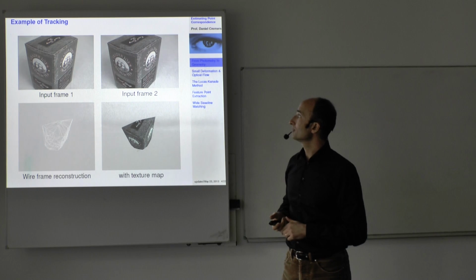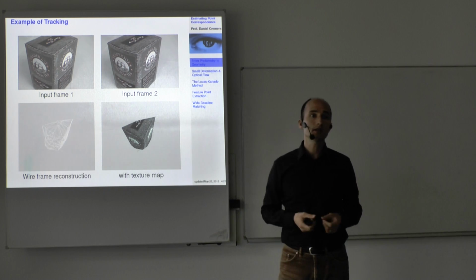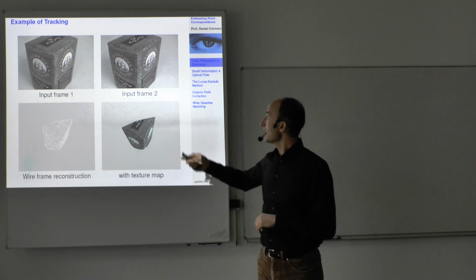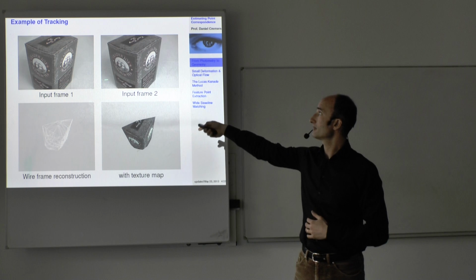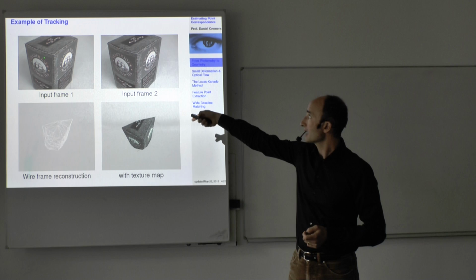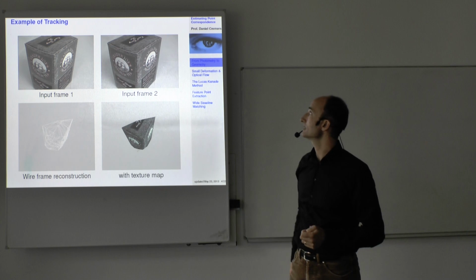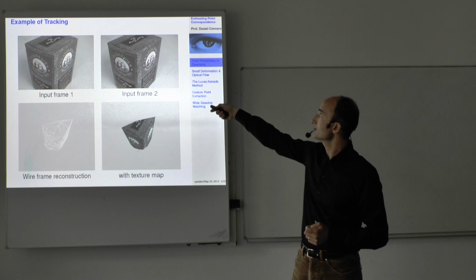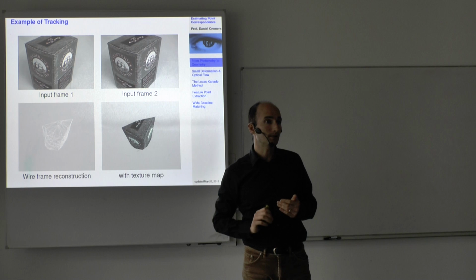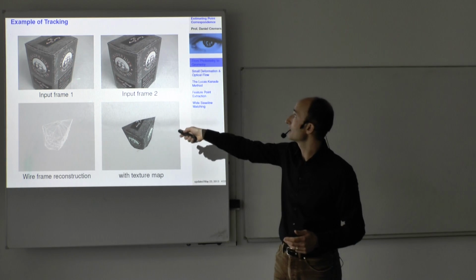This is an example of how these feature point approaches work, to give you an idea of where we're heading. We have a set of images here, for example, 2 images from a sequence. We extract a subset of feature points. These are the red points marked here. You can see them, small red points. And then we can find the same feature points in the subsequent images. The camera is moving. We have a small displacement from one image to the next.